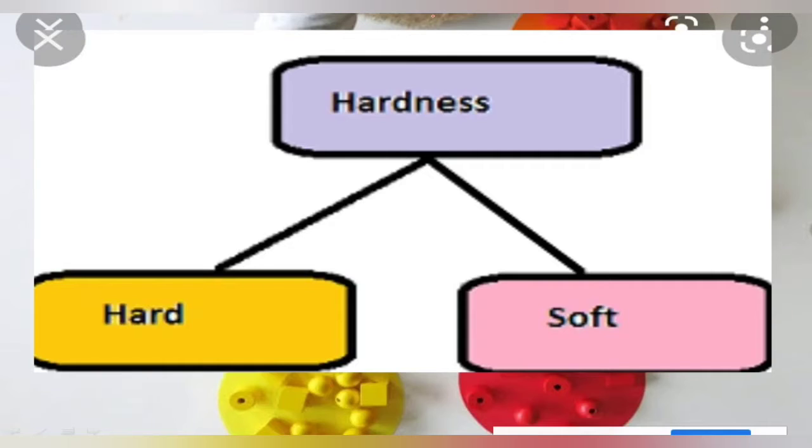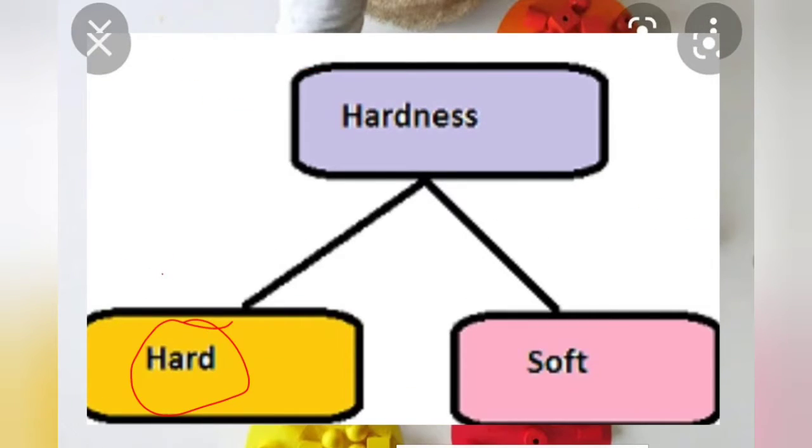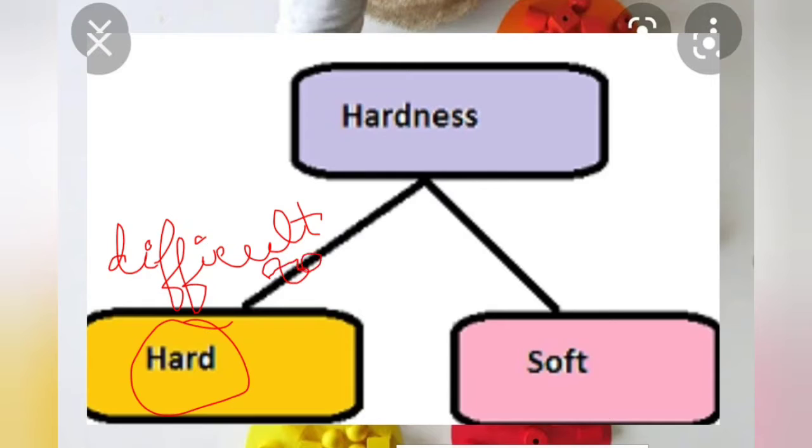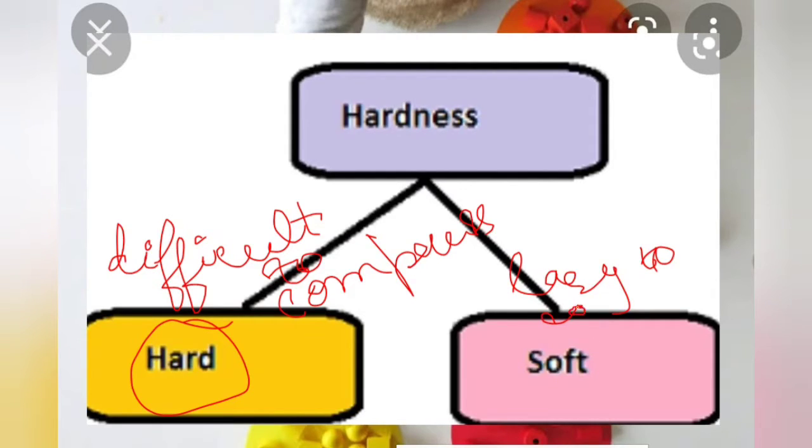So in hardness, there are two things: hard and soft. Hard means difficult to compress, and soft means easy to compress. Understood the difference between hard and soft?